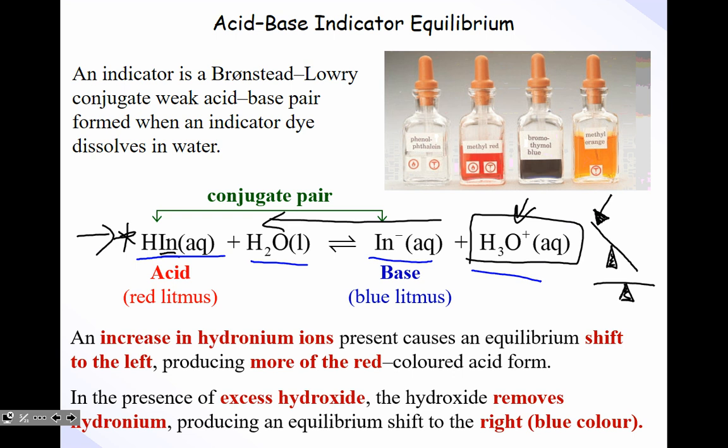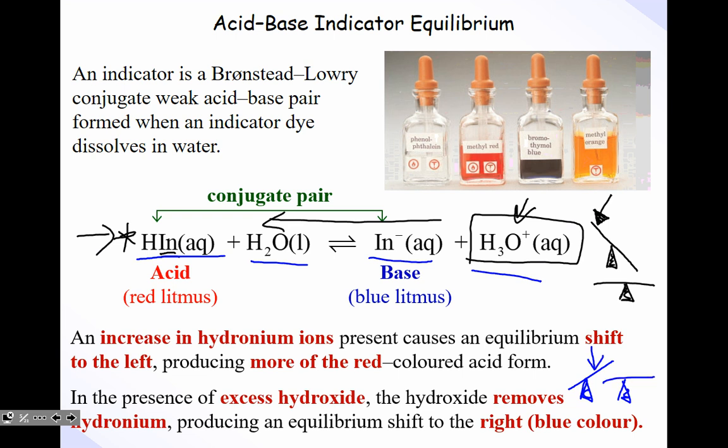The excess hydroxide removes hydronium ions because it reacts with the hydronium ions to make water, right? In the presence of excess hydroxide, the hydroxide removes the hydronium, producing a shift to the right. So for the second case, you're removing hydronium ions, and in order to fix that, you have to add something to the right so that it becomes level or reaches equilibrium.